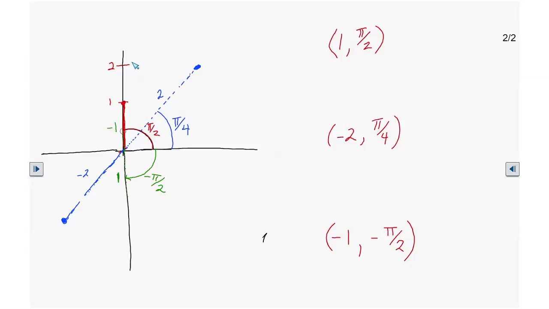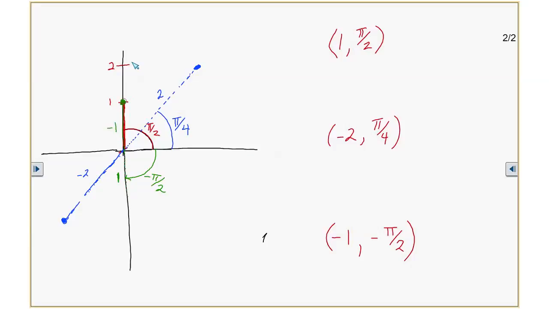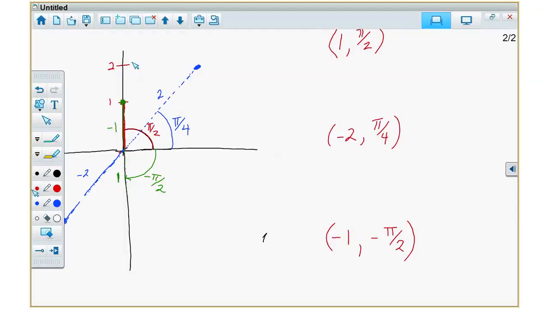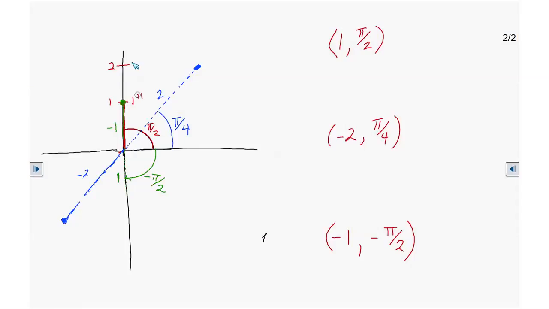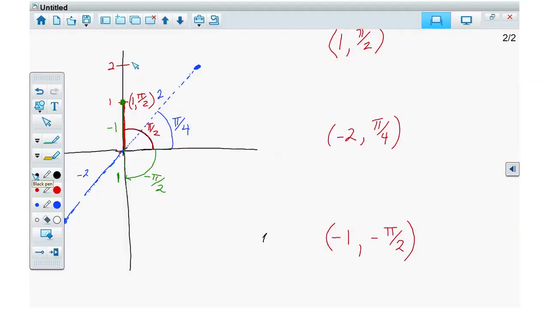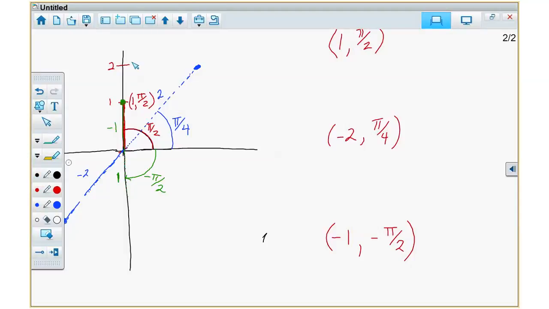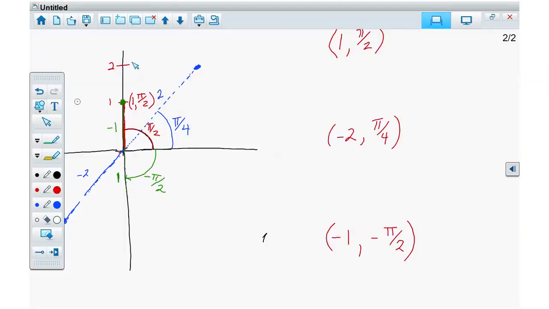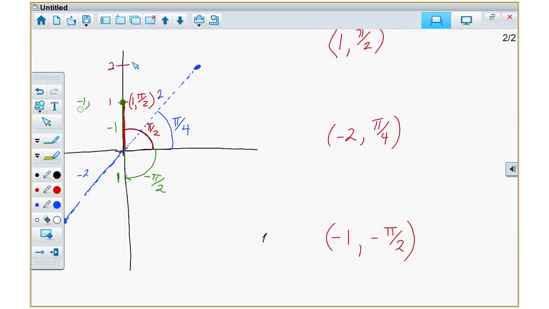-1. So this point right here can be written as the first one, which was 1, pi over 2, or it can be written as -1, -pi over 2.